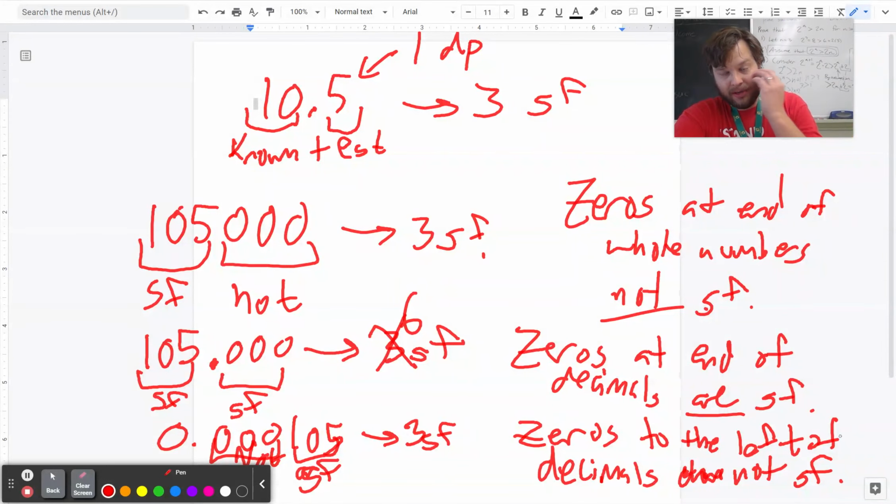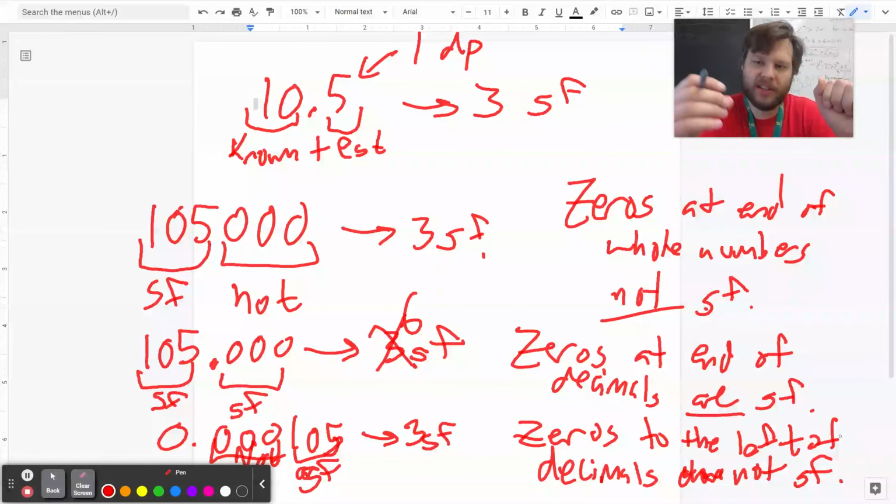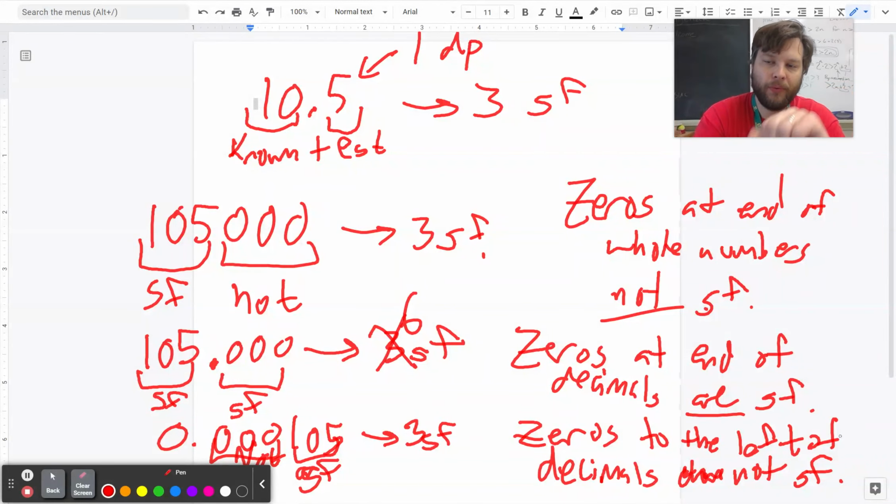Okay, so to summarize, significant figures are telling you how precisely you can measure. It's a way of communicating how precisely you measured something. Did you use a really imprecise measure, or one that's really precise? If you have zeros at the end of whole numbers, those don't count. If you have zeros on the left side of decimals, those don't count.